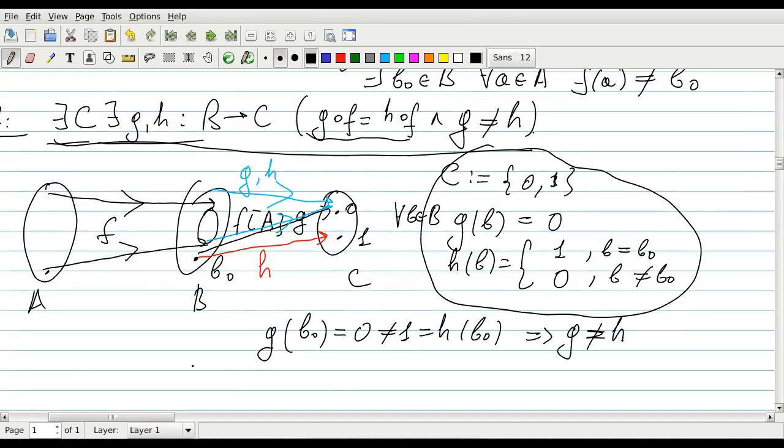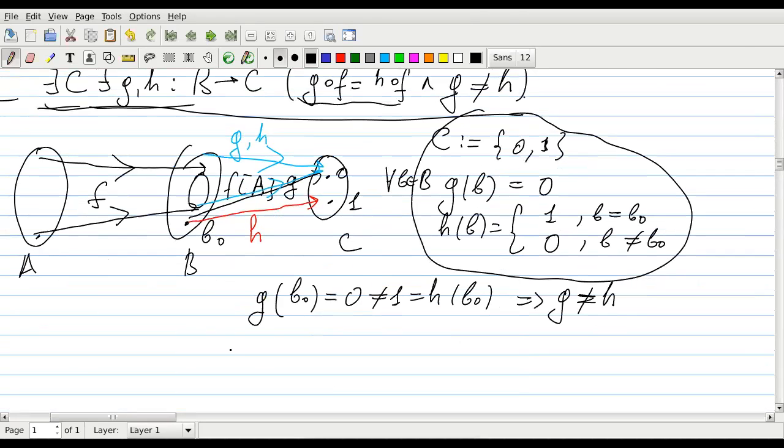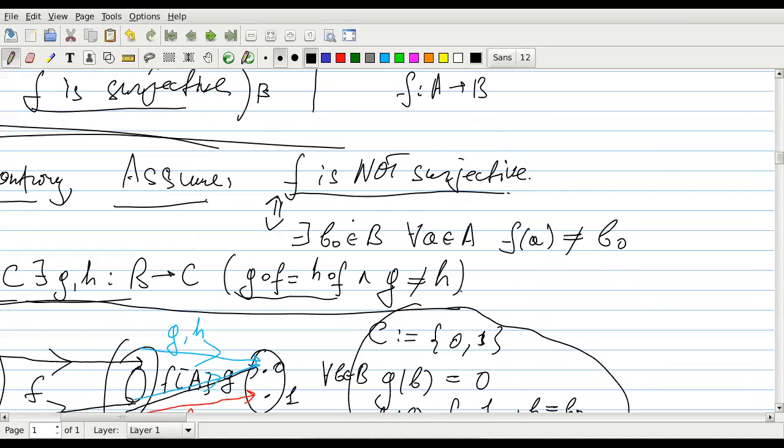And what about their compositions? First of all, for every point from A, f of a might be equal to b0? No, because we have taken our b0 in such a way that it is not a value of f. That's possible because f was not surjective. Is it clear?